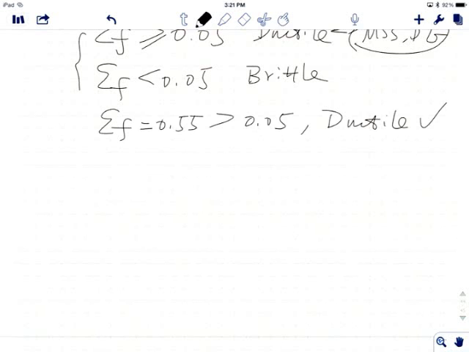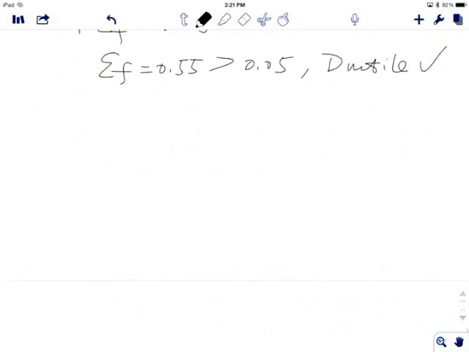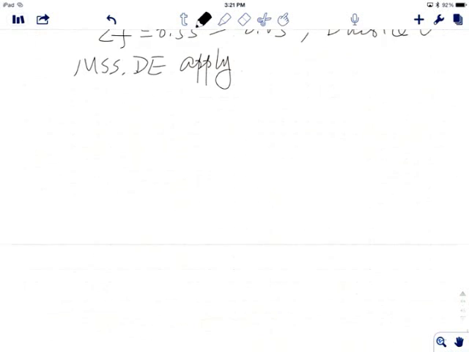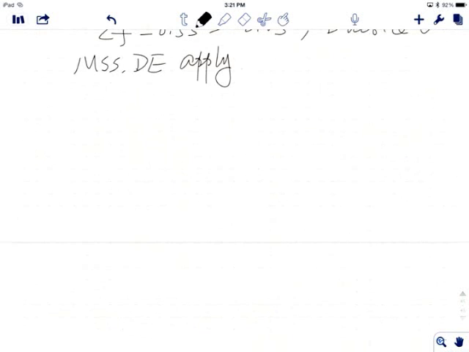We have to make sure those rules we learned can be applied to this material, right? So now checked, okay. So we say MSS and the distortion energy apply. All right.